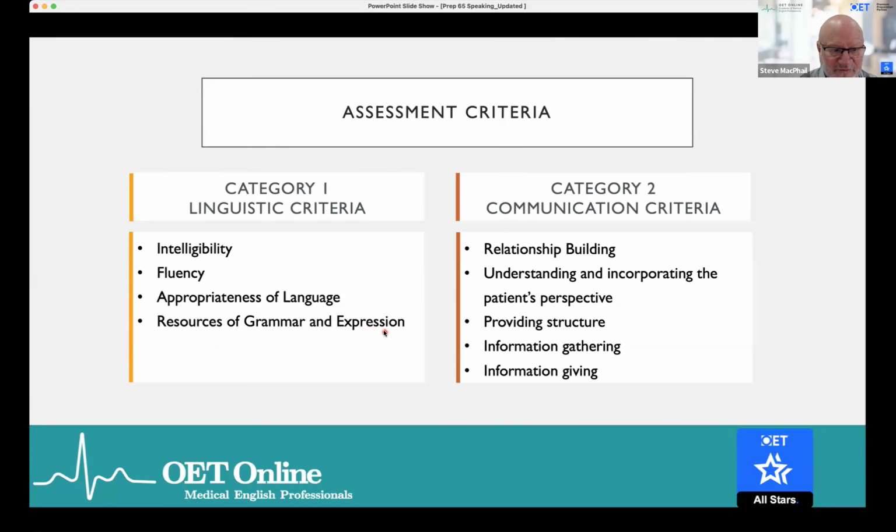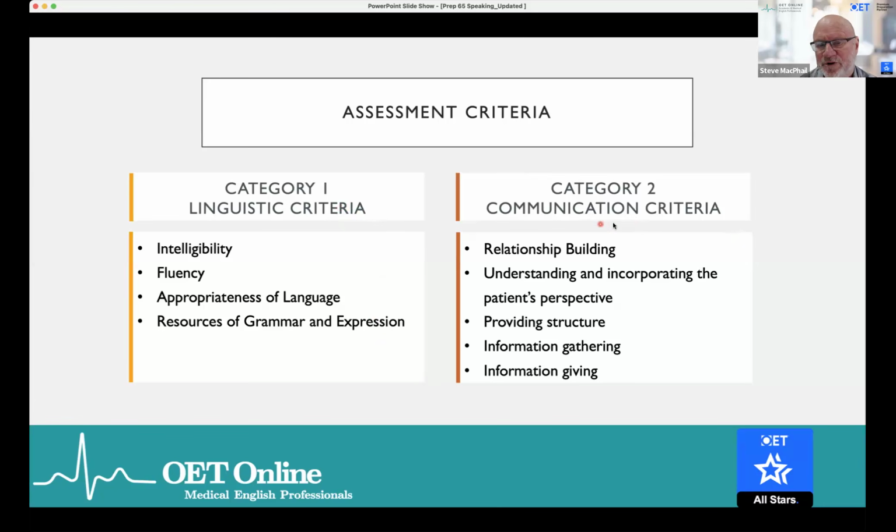And resources of grammar and expression, again, that relates to accuracy with your questioning technique, sentence structure, verb use, and also vocabulary range. All right, now that's something that many of you will already bring to the table if you've been studying hard. You might already be quite confident with linguistic criteria.